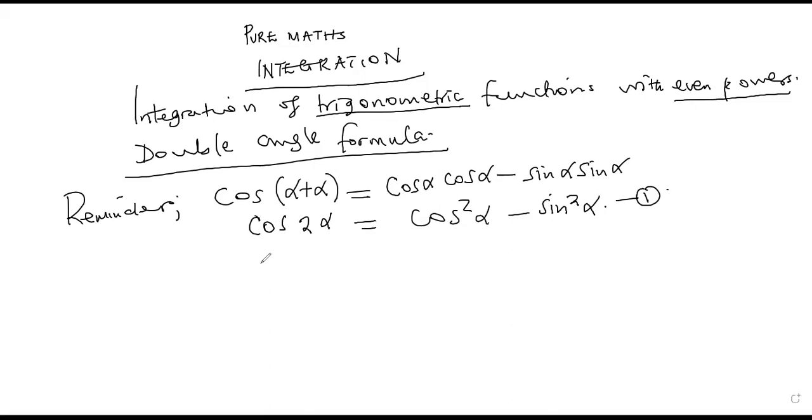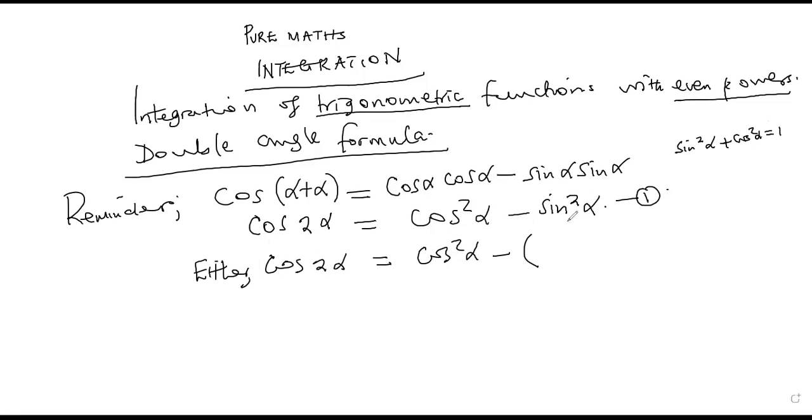Then, equation 2. We can leave everything in terms of cos. We have another very common identity in trigonometry, the parent identity: sine squared alpha plus cos squared alpha is equal to 1.